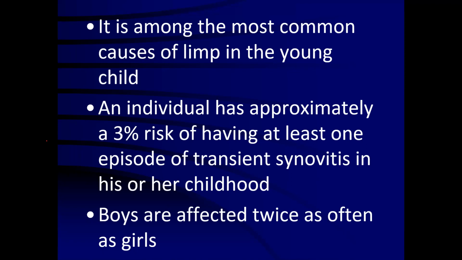An individual has approximately a 3% risk of having at least one episode of transient synovitis in his or her childhood period. Boys are affected twice as often as girls.